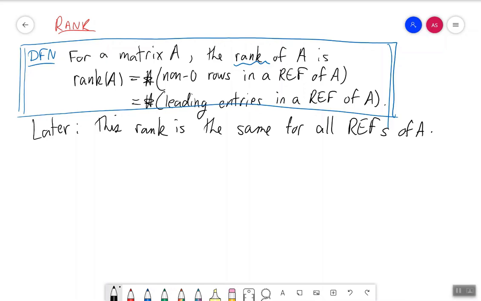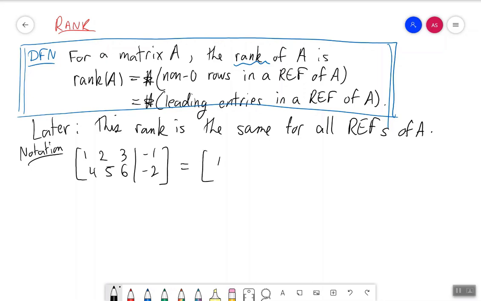Before going on to why rank is so important, I want to make one more definition. Some notation. So for instance, if I have something like 1, 2, 3, 4, 5, 6, minus 1, minus 2, I often will abbreviate this like this.